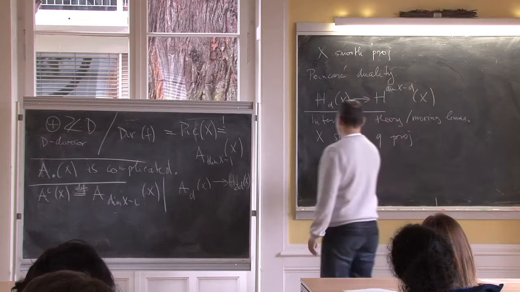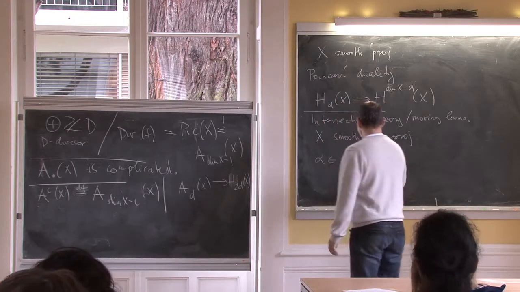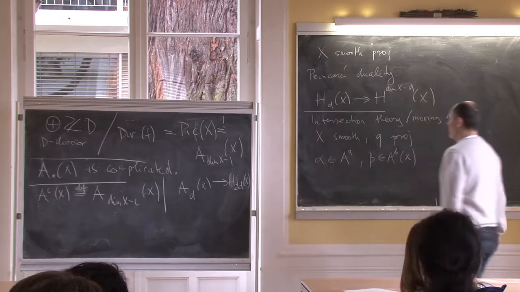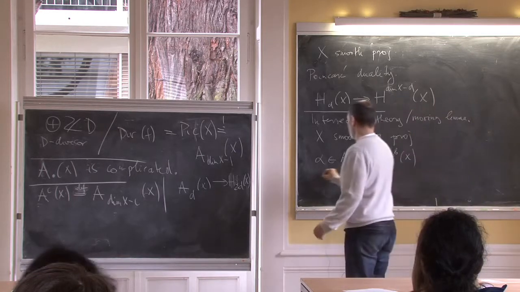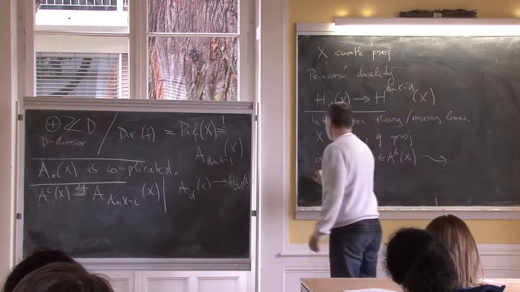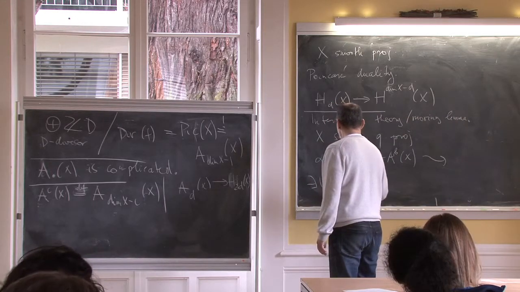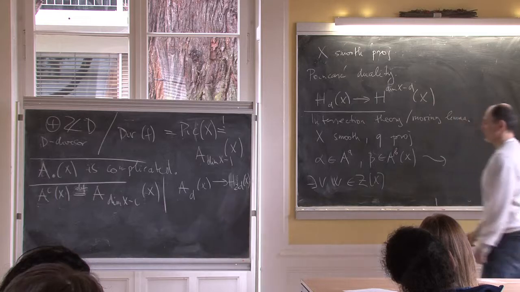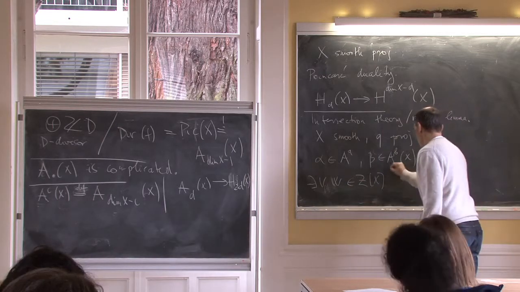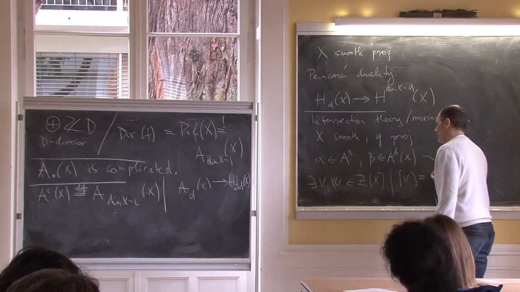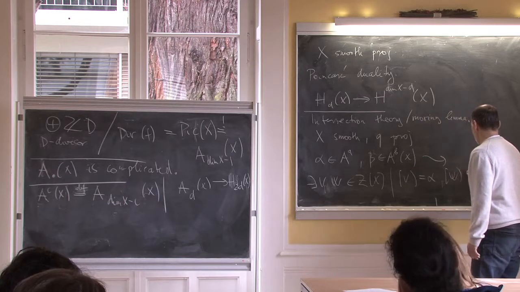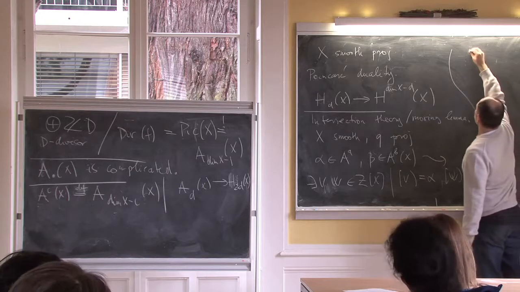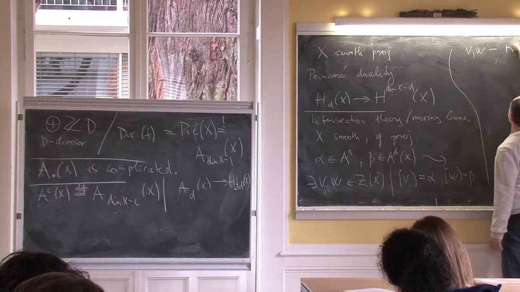Then if you take alpha in A A of X and beta in A B of X, then there exist V and W, subvarieties or subcycles more precisely, and you did this now in your homework, such that the class of V is alpha, the class of W is beta, and then V and W are generically transversal.